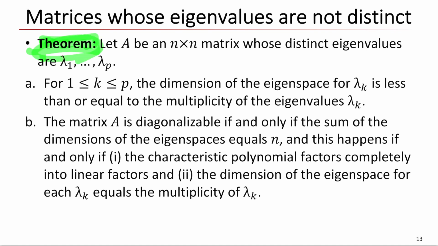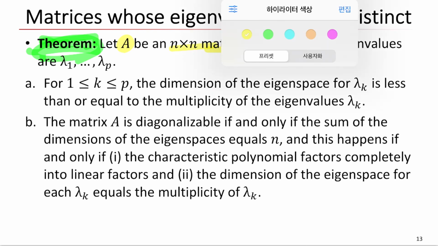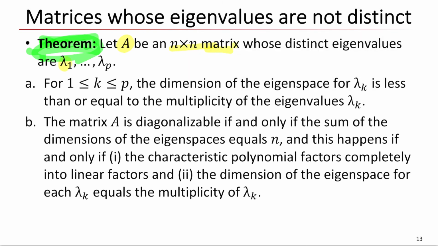So in your case, you can also just understand the meaning of this theorem. Here's the theorem. Let's say matrix A is an n by n matrix whose distinct eigenvalues are lambda 1 through lambda p.